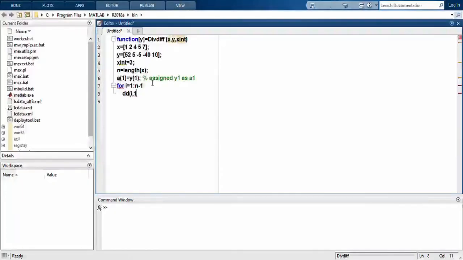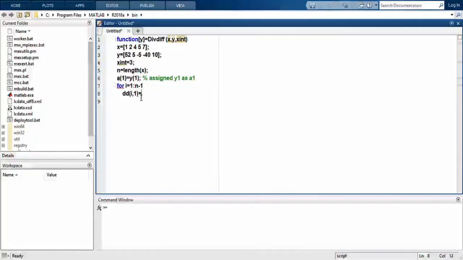because it is the third column. The x column is the first column, the y column is the second column, and the third column will be the column of the first order divided difference. So the column is fixed as 1, but the number of rows decides the number of values depending upon this loop, 1 to n minus 1.